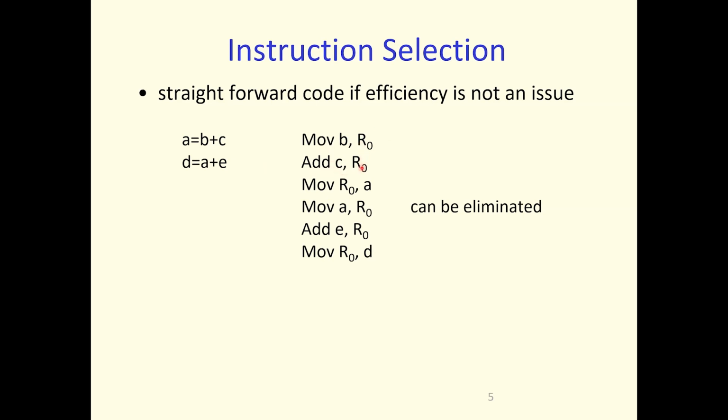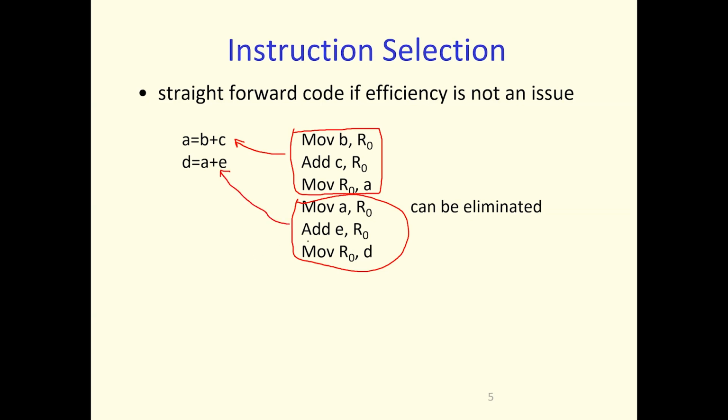So it becomes B plus C in R0, and then we move R0 to A. So this part of the code is computing A equal to B plus C. And assuming once again we have a very simple technique for code generation, which goes step by step through every instruction and generates the corresponding code, we can easily generate code for A plus E. We move A into R0, add E to it, and finally move R0 to D. This corresponds to the second instruction.